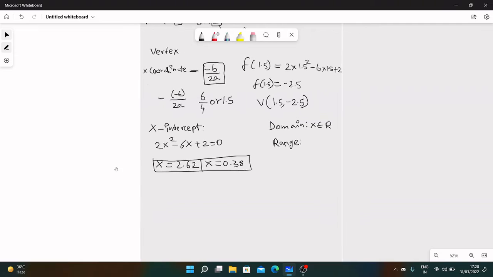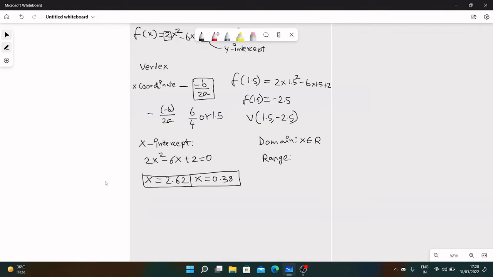We know that the parabola is concave up, and the y-coordinate of the vertex is minus 2.5. So we'll have a range as y greater than or equal to minus 2.5, because minus 2.5 is the minimum value we can have. We can't have any y values below this, only above this. So now we have the domain and range too.